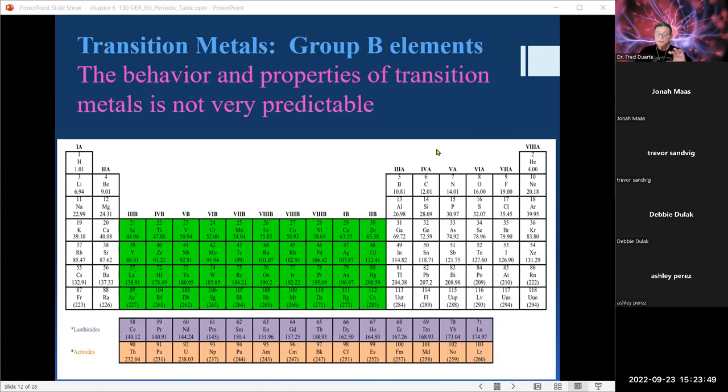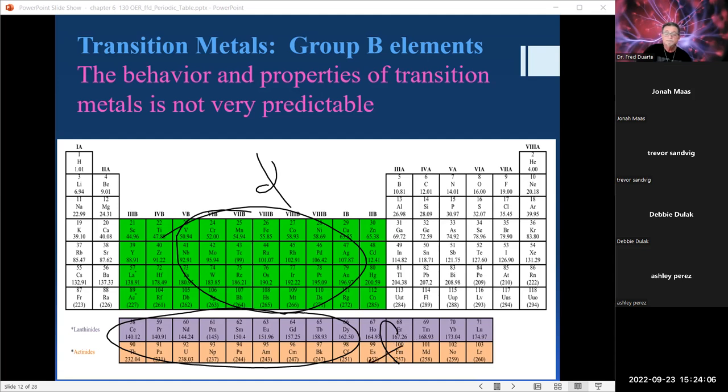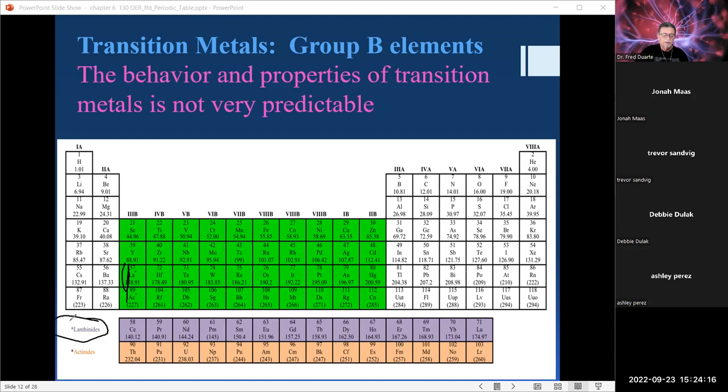Now, we talked about the transition metals. We have 2 types. We have the inner transition metals listed here, these I circled, and then the green ones are the transition metals, or the D block, if you recall, and the F block elements. Now, the inner transition metals, because normally they're in here, have their own little additional names.